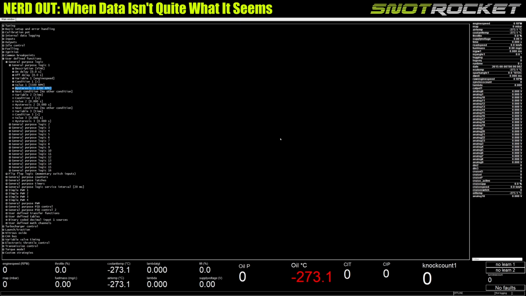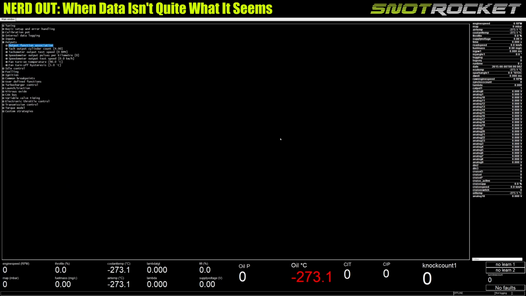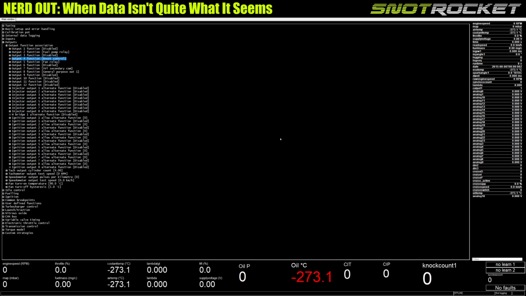So that's called hysteresis. I won't go into that now, but that means it doesn't flap on and off too violently. It's on and off nicely. So that's a custom function. And when I look at the outputs, I can see that output 8 is using that function. So output 8 on the ECU is driving VTEC, and that is switching at 5,500 RPM.